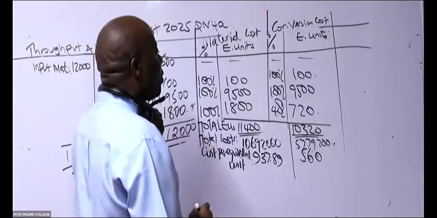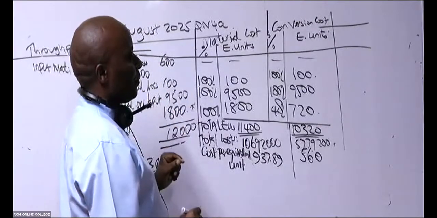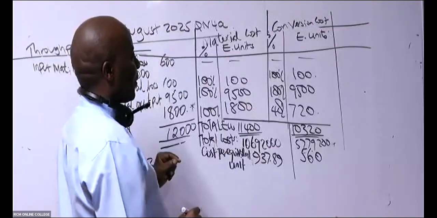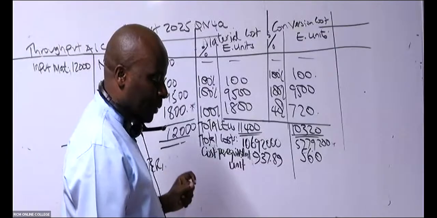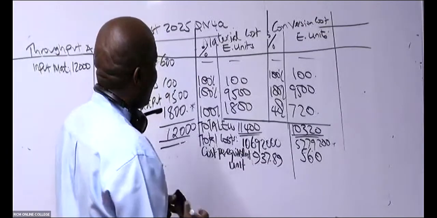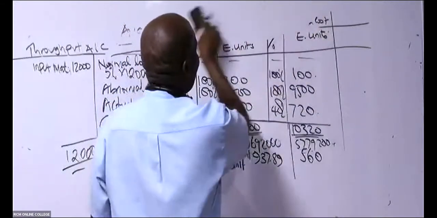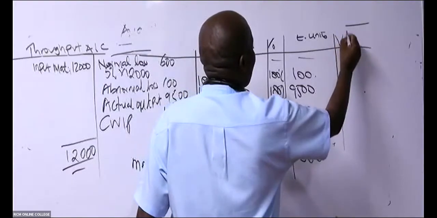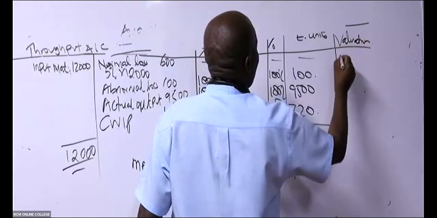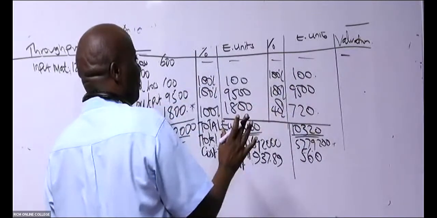So I want you, great students of mine, to value this abnormal loss. I wish my board was really capable of capturing everything here, so I'll be forced to just rub this. And then I'll write a column here, valuation. For the normal loss, just put a dash there.